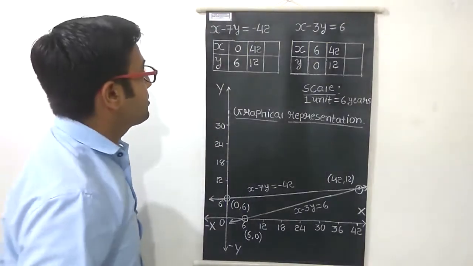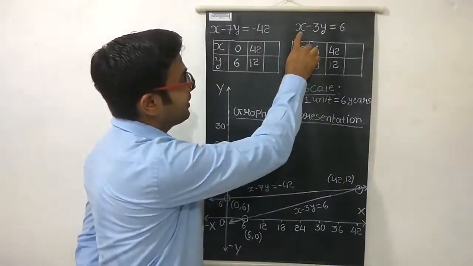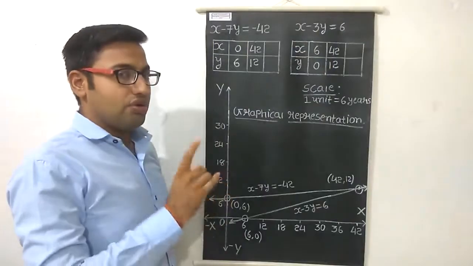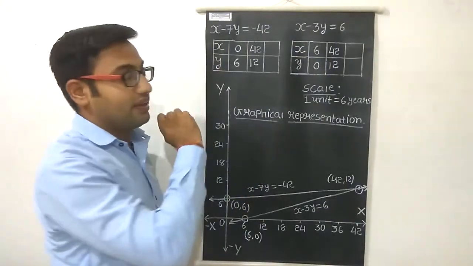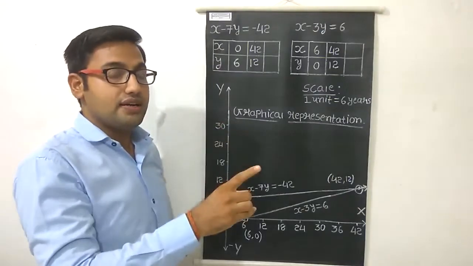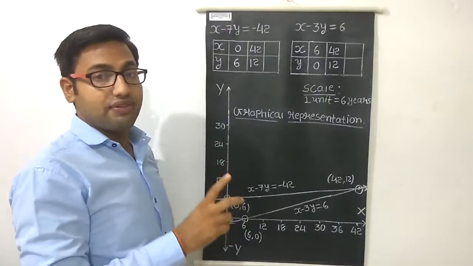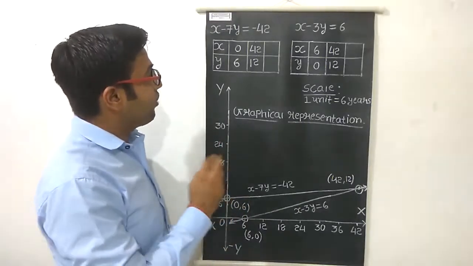So the first equation is x minus 7y is equal to minus 42, and second one is x minus 3y is equal to 6. Now you know how to find out the points x and y, that you have already done in standard 9 in the chapter of linear equations in two variables. Okay, so you know how to do it.